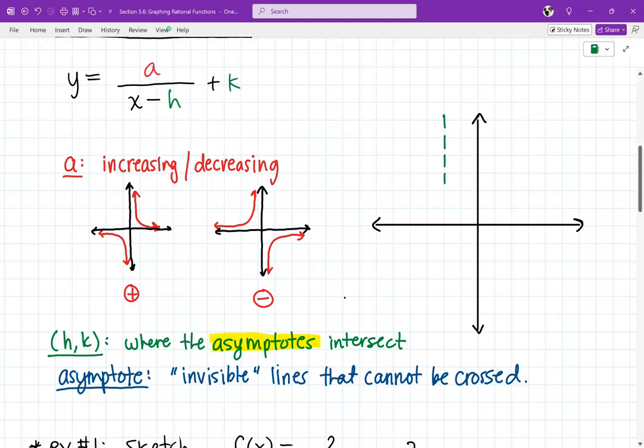It doesn't mean this is what they're all going to look like, but here's a vertical asymptote. Here's a horizontal asymptote. Okay? This little point right here that's supposed to be invisible, I put a little marker on, right? You're not supposed to see it. That's HK.